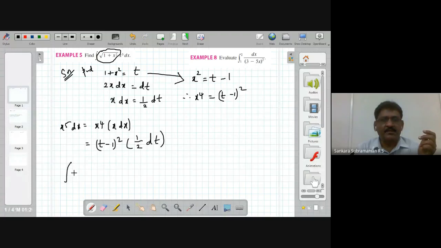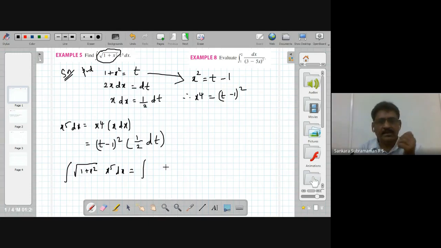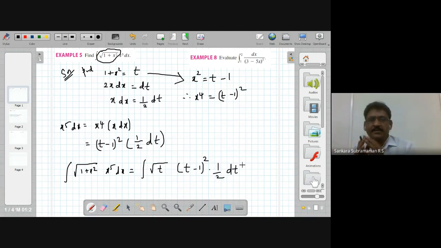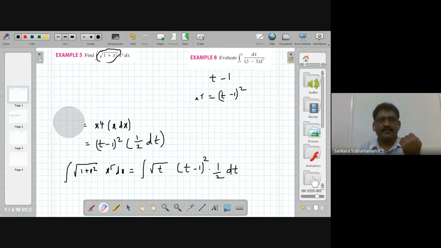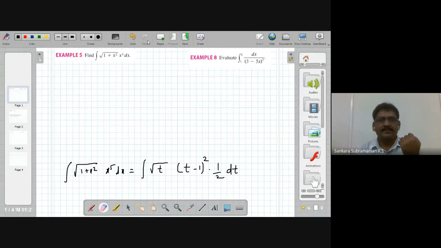So integration of square root of 1 plus x square into x to the power 5 dx equal to integral of, instead of square root of 1 plus x square, you can put square root of t, and x power 5 dx can be replaced with t minus 1 the whole square into 1 by 2 dt. Okay, so what is the answer? What is the next step to proceed?